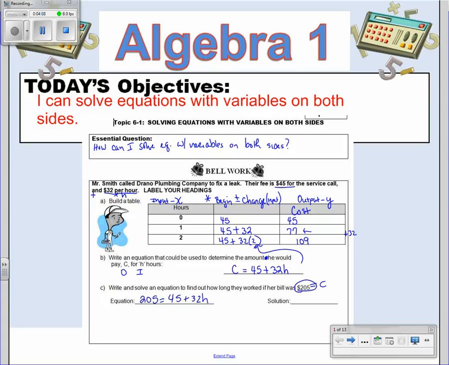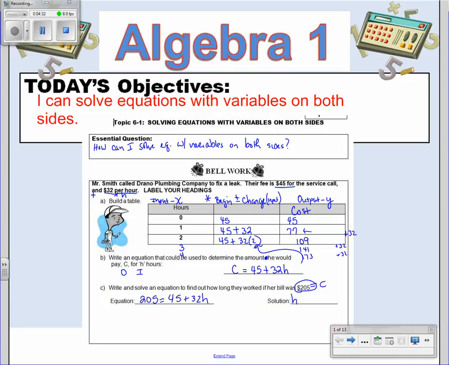The solution then is to actually figure out what h is equal to. Some of you will continue your table and say, after 3 hours, if I add another $32, this will be $141. In 4 hours, I add another $32, and this will be $173, and continue that way. Others, however, will choose to solve it.